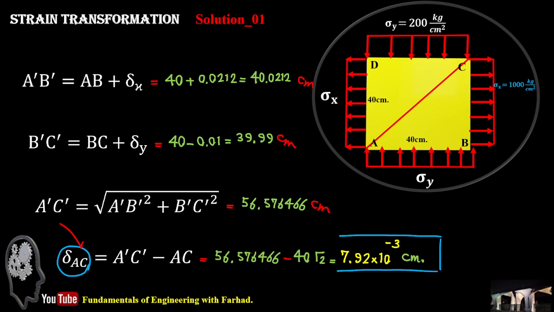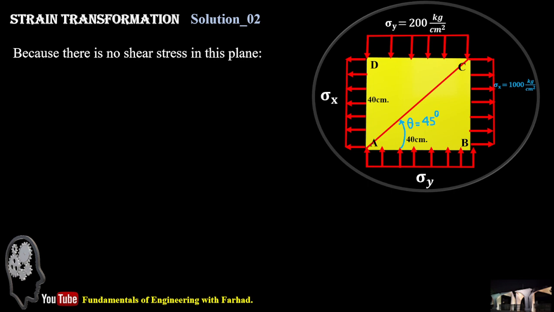We can also solve this problem in a far simpler approach with strain transformation. That was the geometry approach, solution 1, and this is strain transformation with the help of Chapter 10, which is a much faster solution. Because there is no shear stress in this plane, we just have sigma x and sigma y.